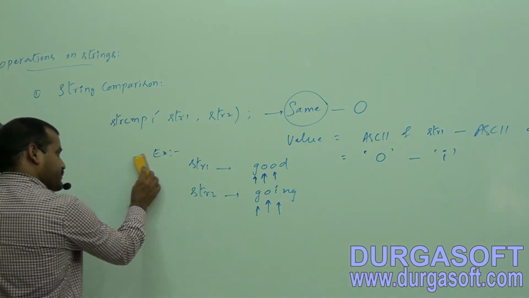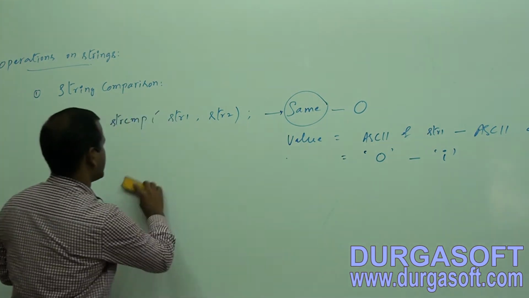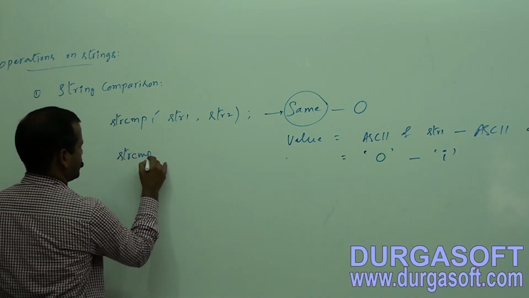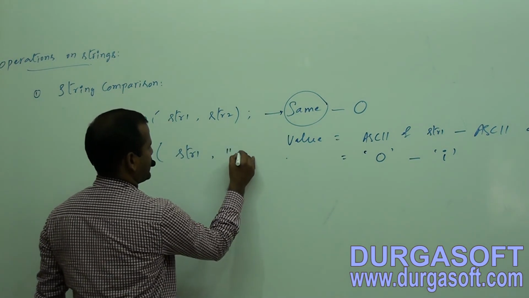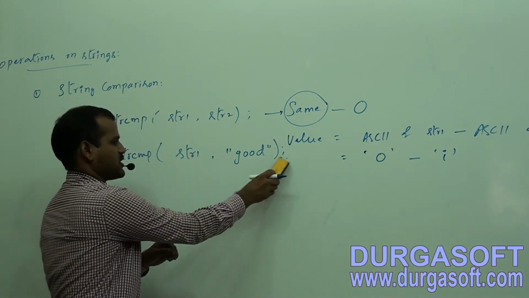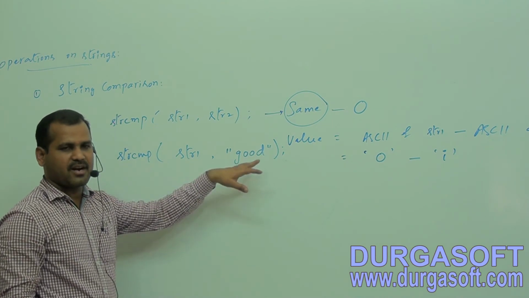Here we have one more facility with this function: we can compare string 1 with a string constant like this. Observe, the string variable is compared with the string constant here.